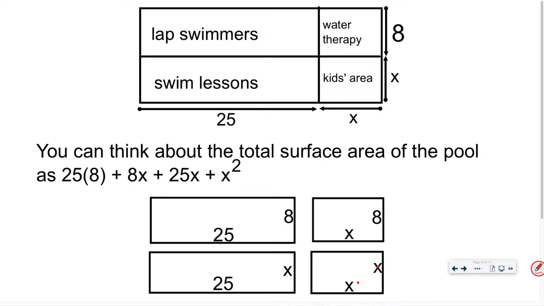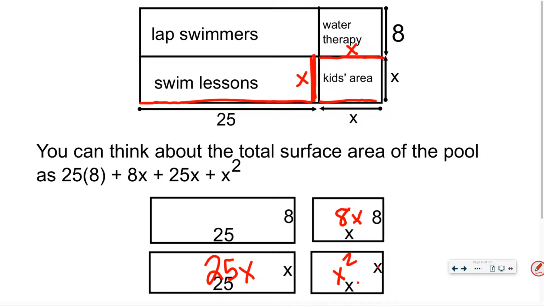Again, looking at our concepts of rectangles, if this length here is x, we know this has to be x. So the area here would be what? 8x. So this is x squared. If this is 25, what's this? It's x. So what's the area of my swimming lessons?